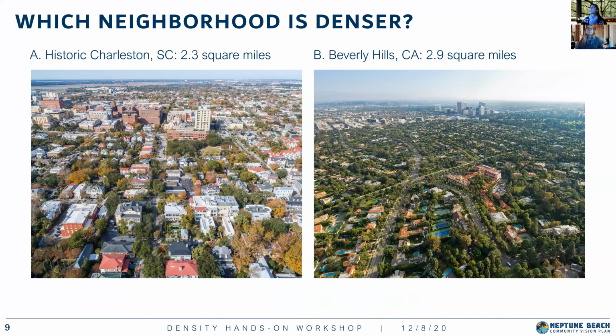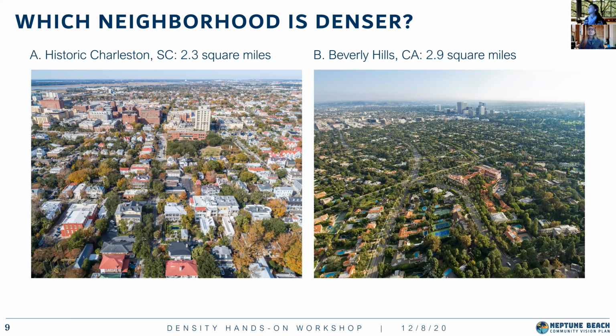So the first question is, which neighborhood is denser? A for historic Charleston, or B for Beverly Hills? I'll note that the first couple of questions are looking at population density. That's just an easier number to wrap our head around when we're looking at this scale of a place.